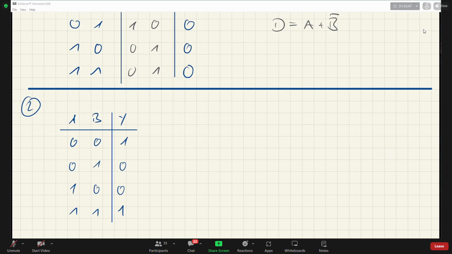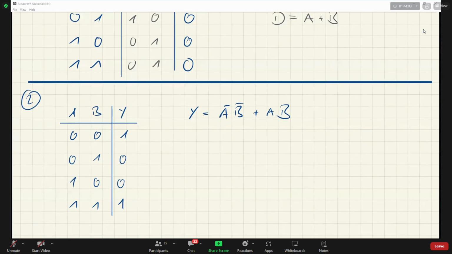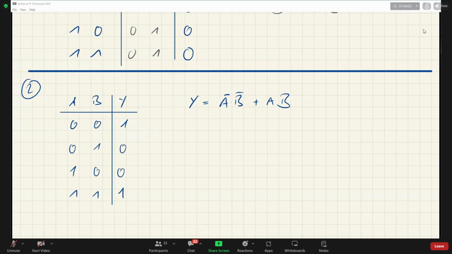So now you can write here the formula. Epsilon is A naught B naught or A B, and that's nothing else than an XOR dot.